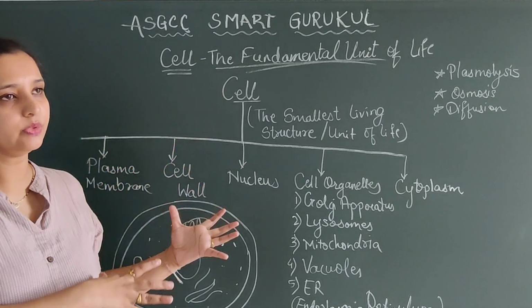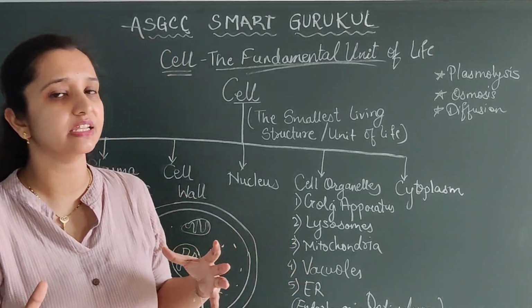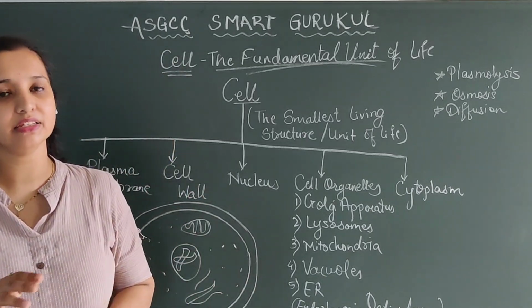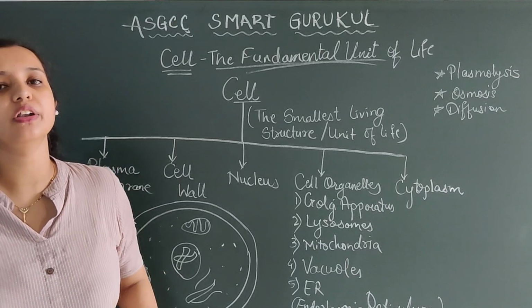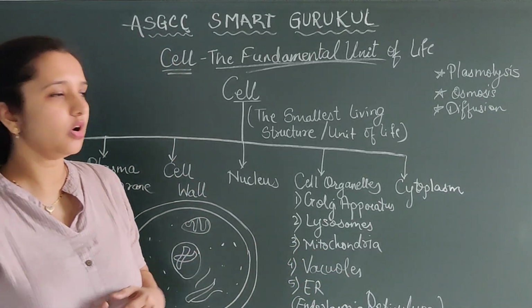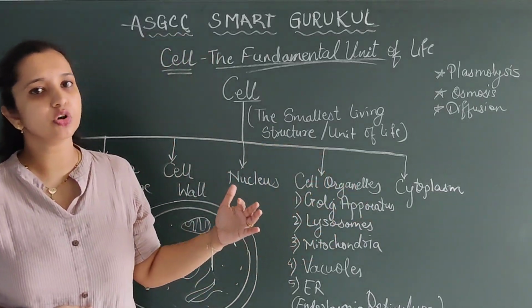If the liquid in which the cell is and the liquid concentration in the cell is one and the same, then it is called as isotonic solution, and the other, when the liquid is concentrated, it is called as hypertonic solution. So if you want detailed video on hypertonic and isotonic, we will make it also.